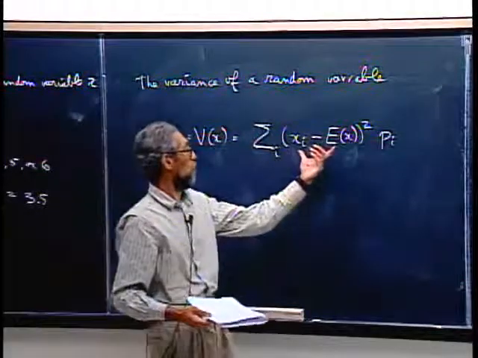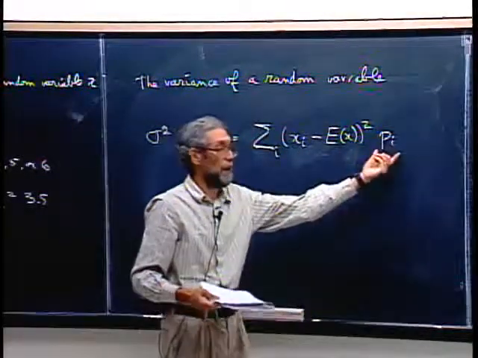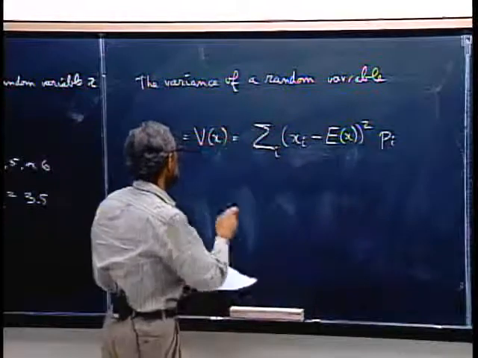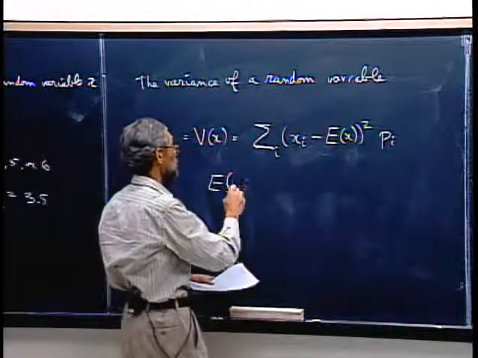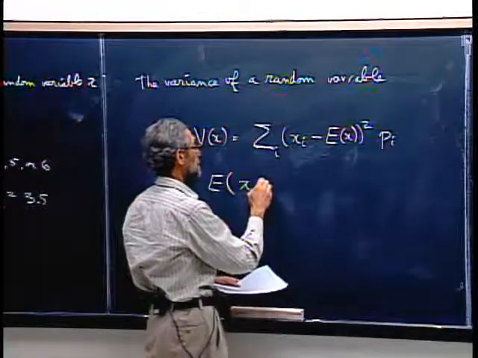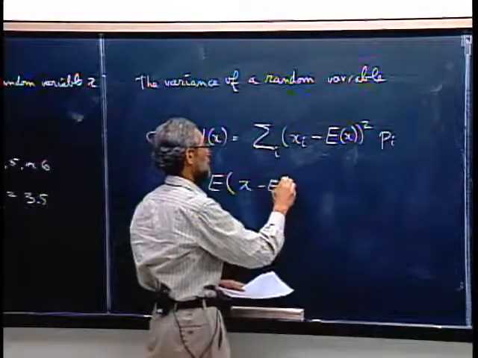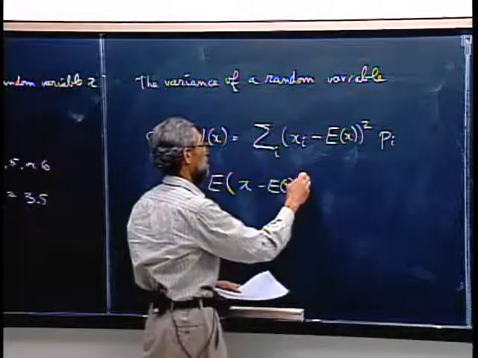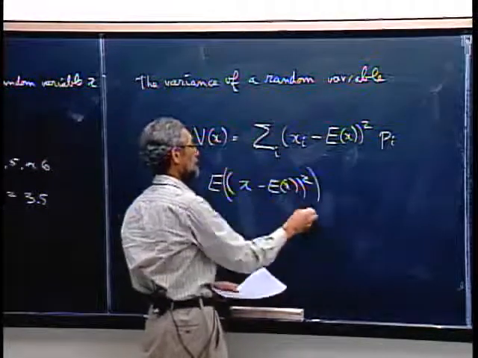So this is this squared quantity weighted by the probability. So this is what it really is. It's the expectation of x minus E of x squared. So I'm going to put extra brackets here.